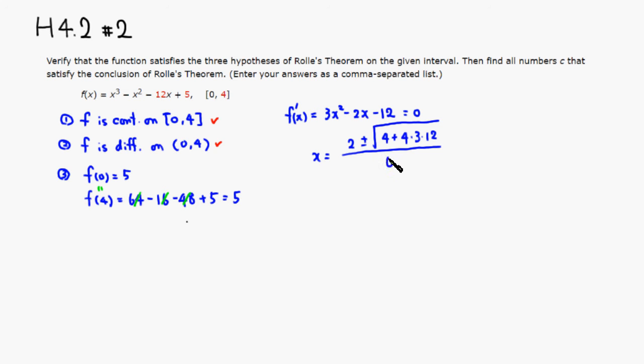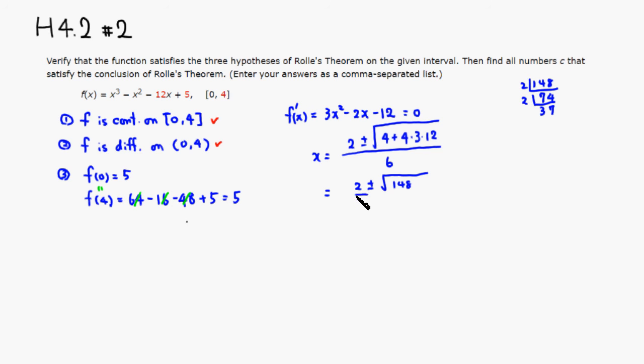So this is equal to 2 plus or minus, this is actually kind of a big number, 12 times 12 is 144, plus 4, so 148. So what's the square root of 148? It's 2 square root of 37.